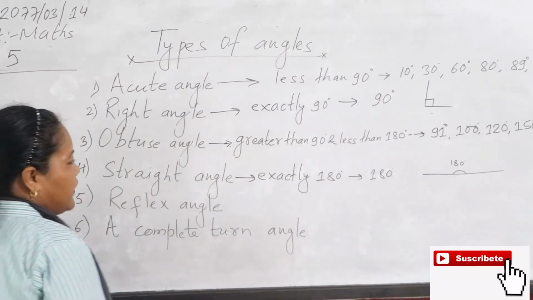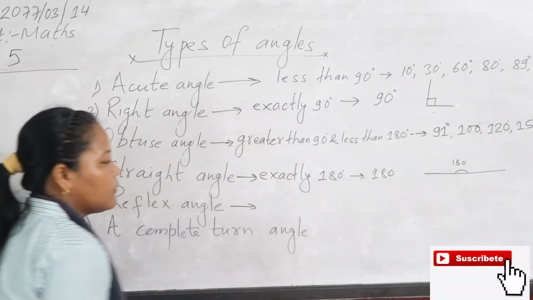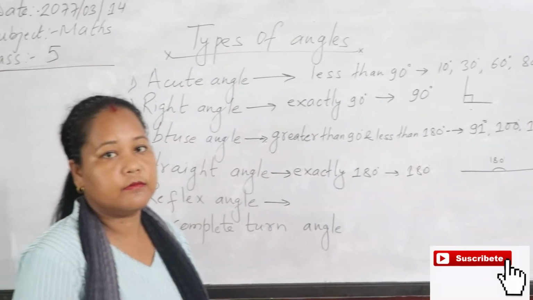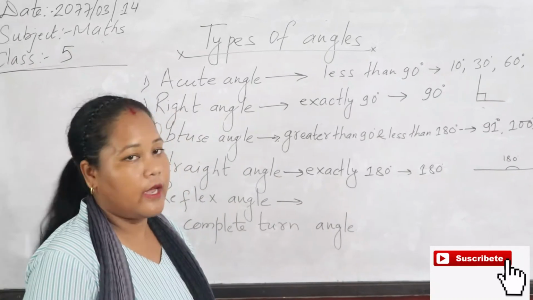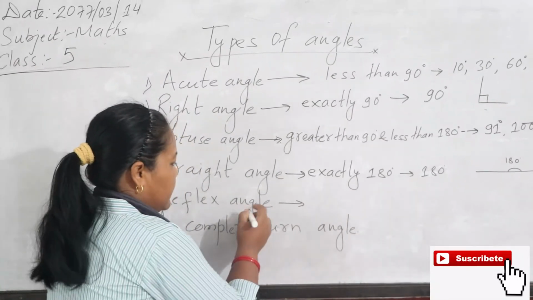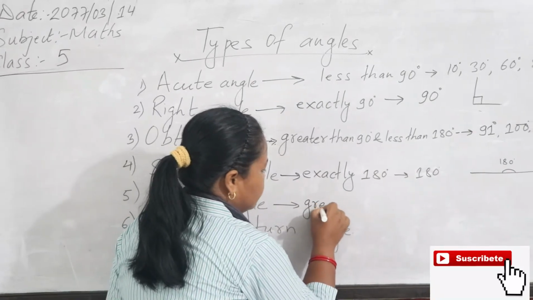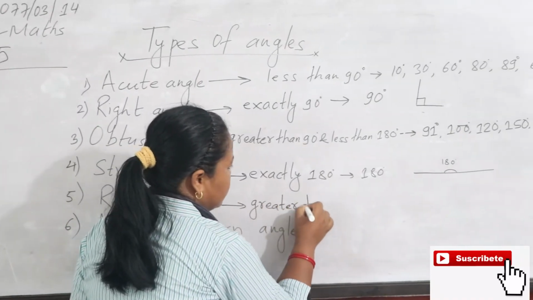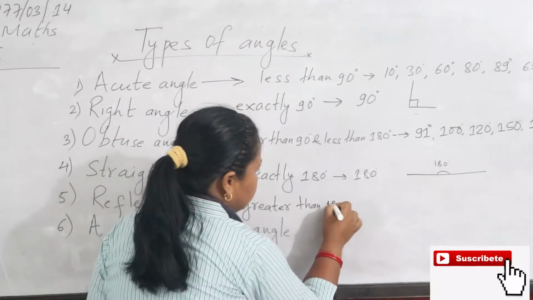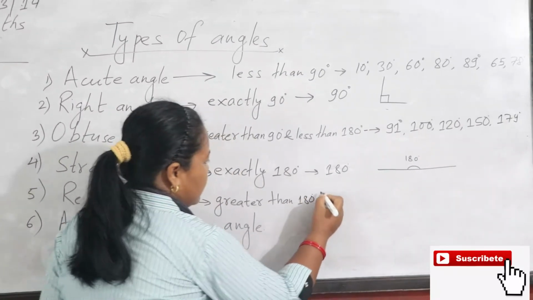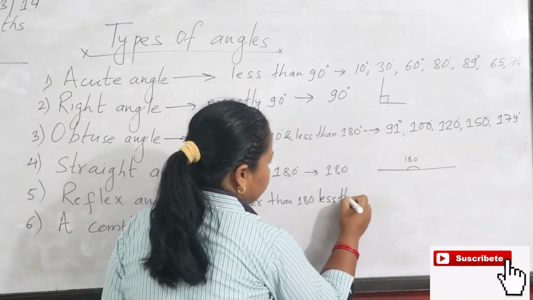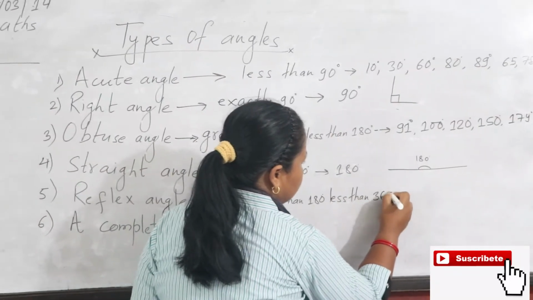Now we are on reflex angle. What is reflex angle? How do we know they are reflex angles? Its definition says greater than 180 degree, less than 360 degree.